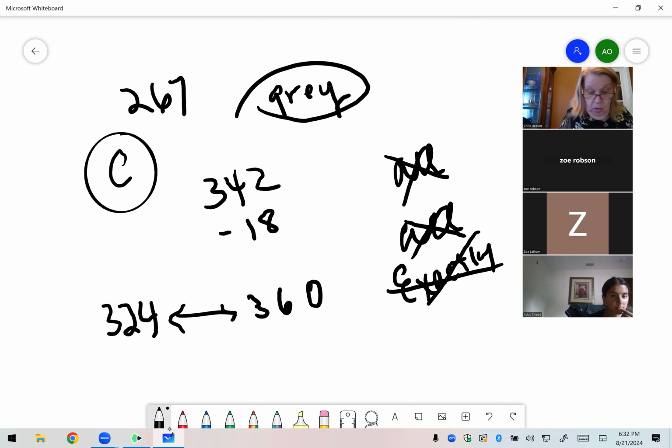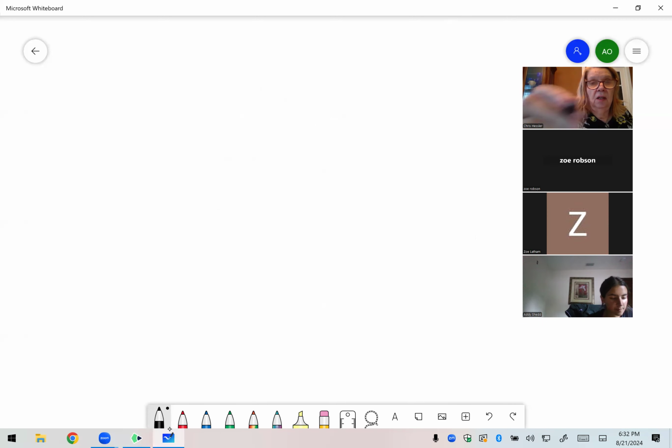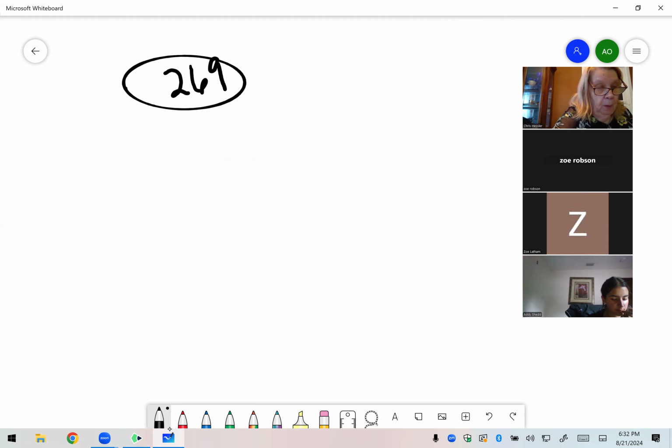Okay, and then let's go to page 269, just to cover all these. A community center offers a Spanish course. This year, all students in the course were offered additional audio lessons that they could take at home.